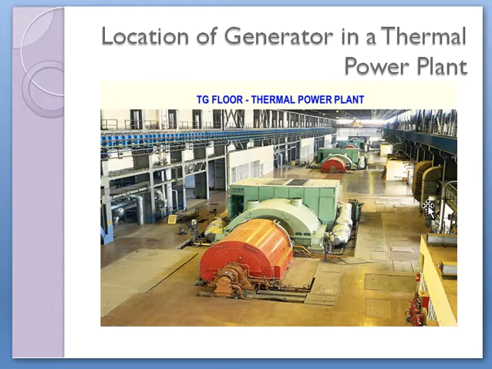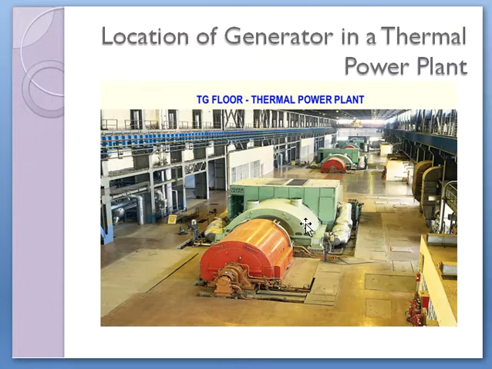Now, where is the generator located in a thermal power plant? We can see that the position of the generator comes just after the turbine, because the generator is taking the output from the turbine as its input. So here we can see that this is the turbine end, and this forms the generator.